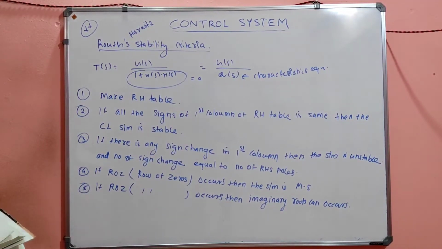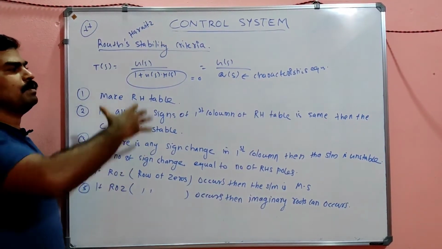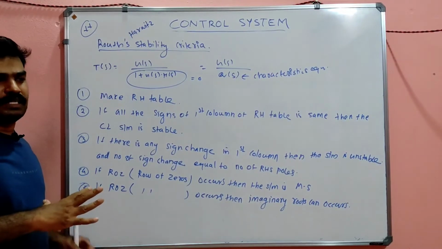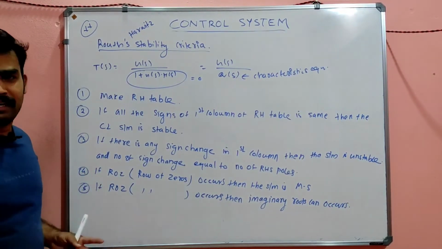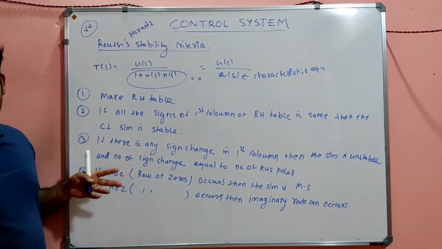So my dear, these are the very important rules for determining stability. I will not write the complete rules now; they will be shown when we are doing a problem. Otherwise that will be more and more complicated.